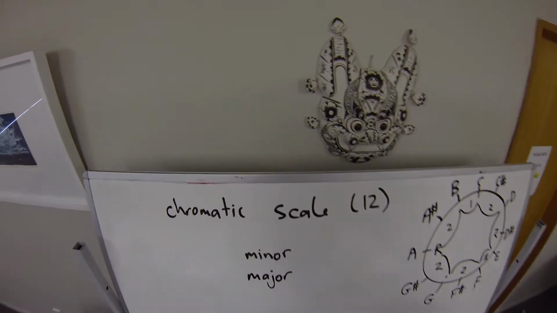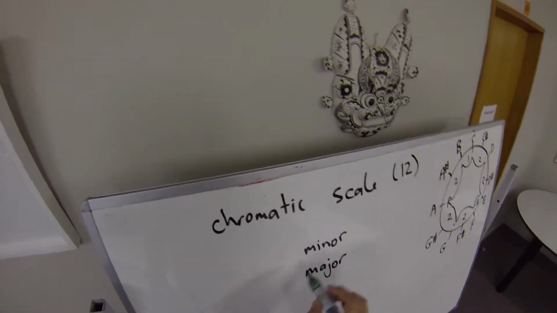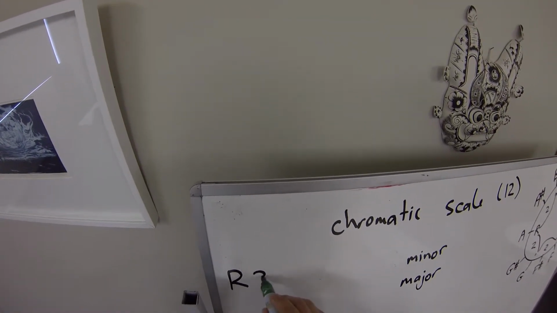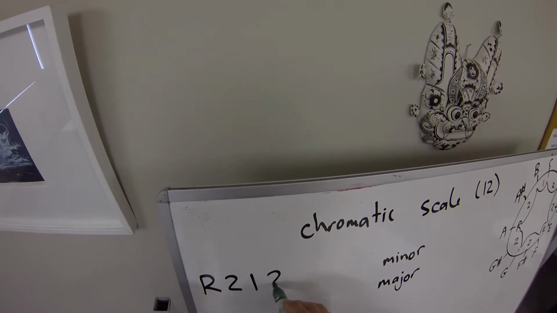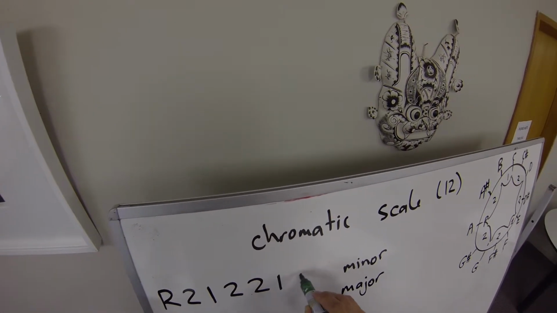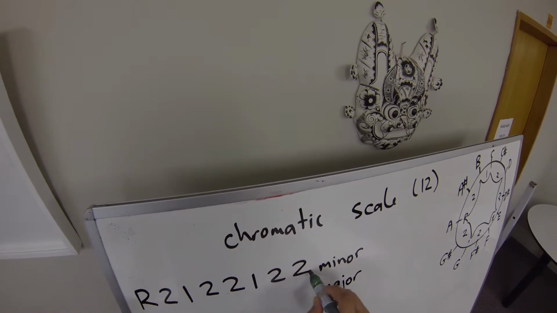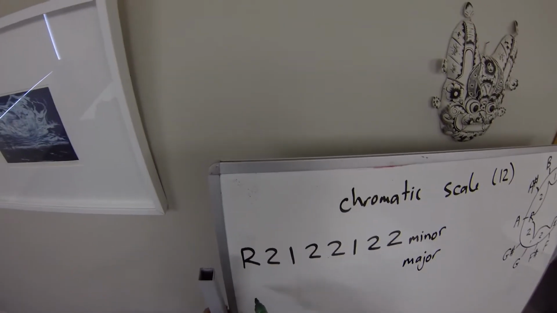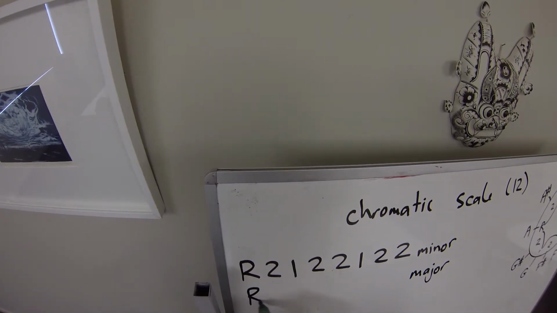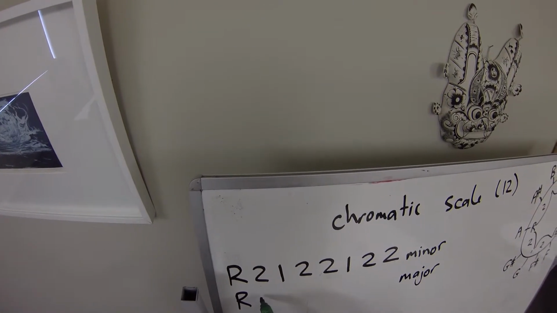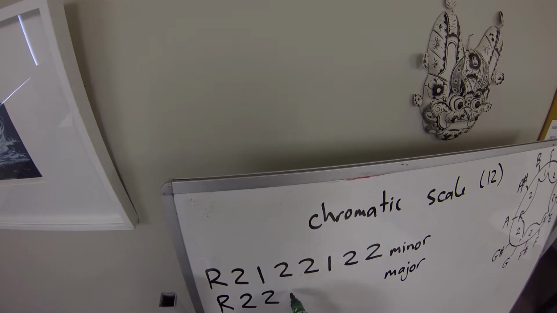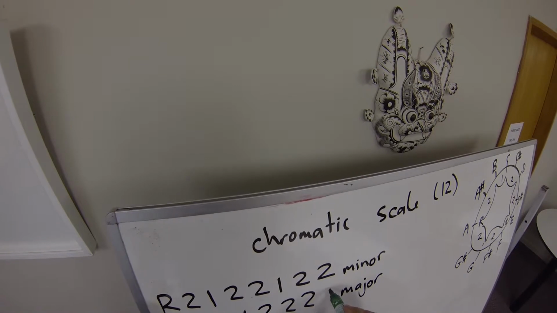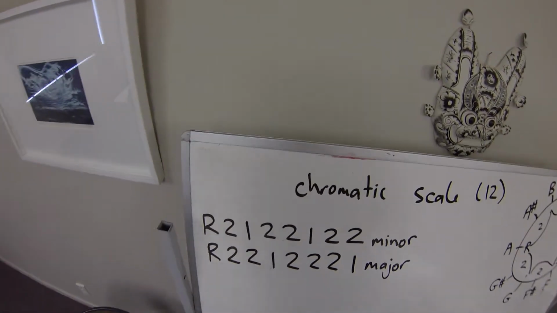And we can learn these as step patterns. Here was our minor: root, 2, 1, 2, 2, 1, 2, 2. And here's our C for our root, for our major: root, 2, 2, 1, 2, 2, 2, 1.